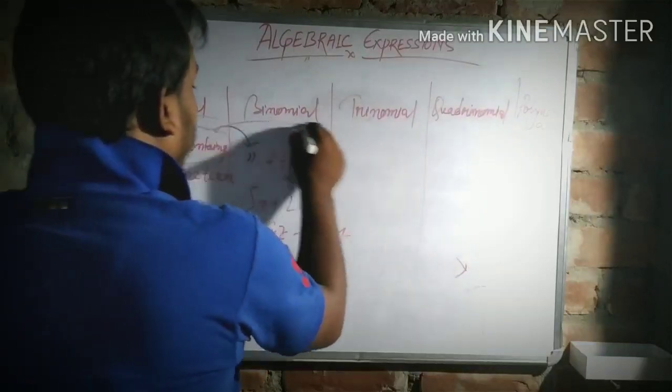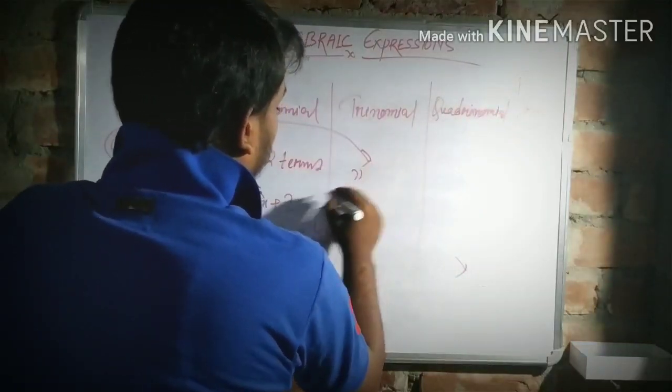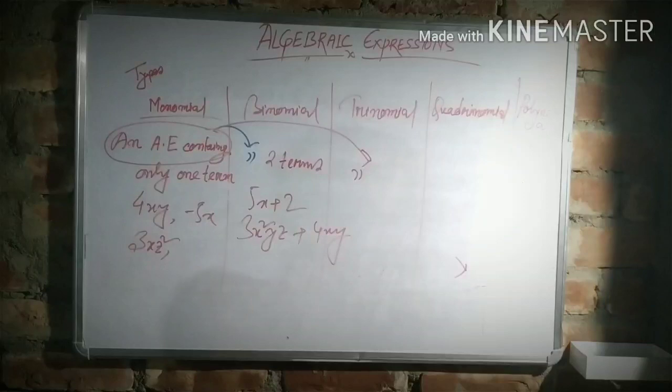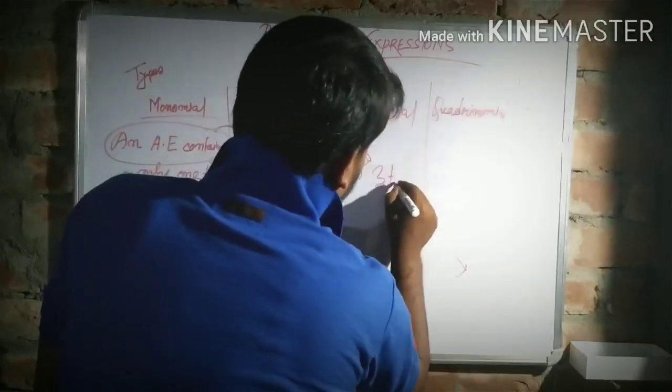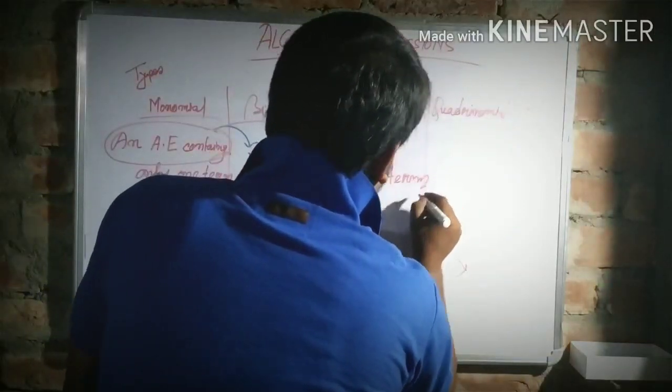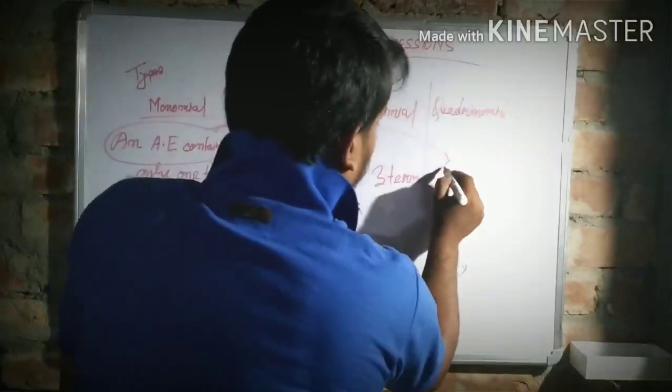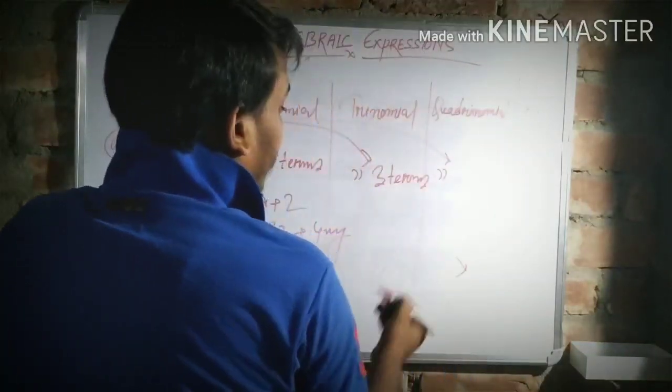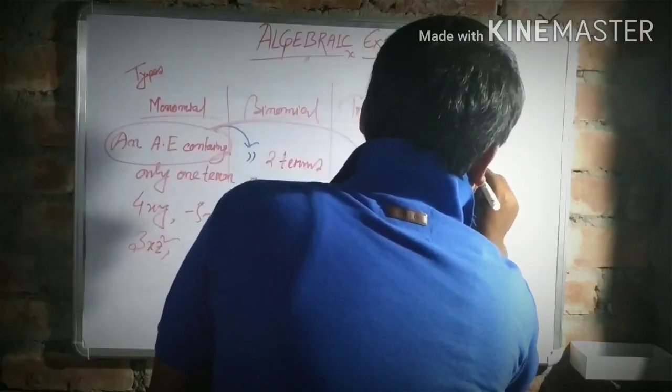For trinomial, same: an algebraic expression containing three terms. Quadrinomial: an algebraic expression containing four terms.